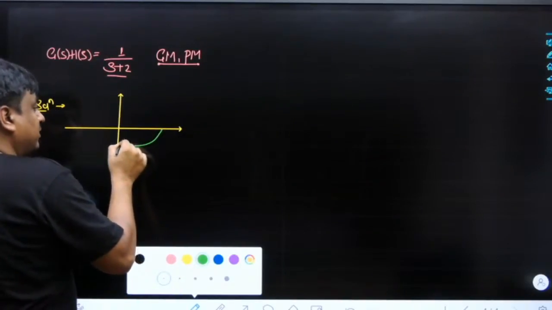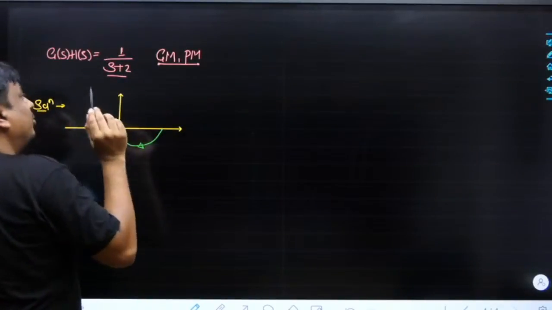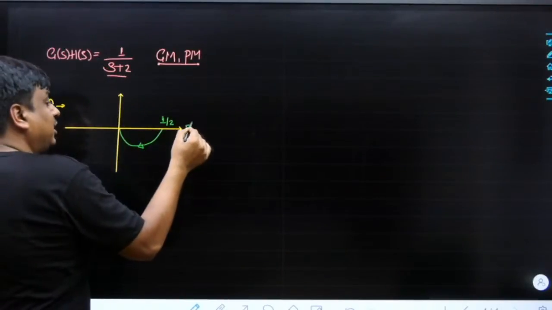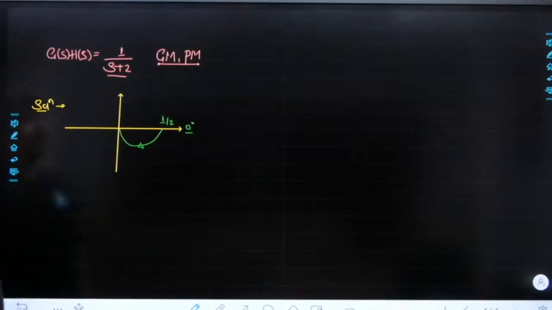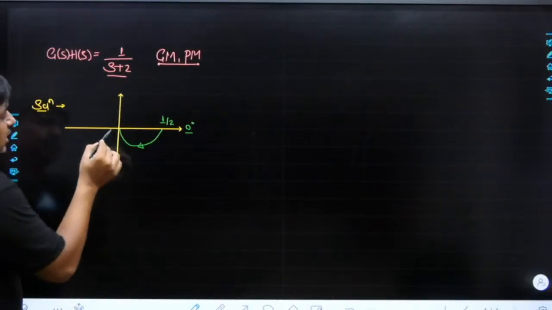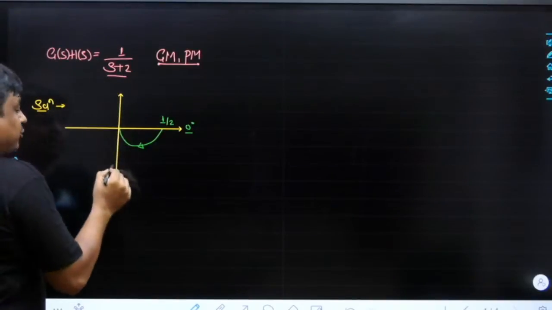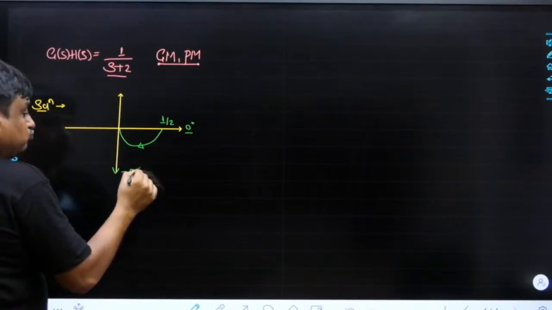At omega = 0, s is 0 and the magnitude is simply half, on the 0 degree ray. When omega reaches infinity, the magnitude becomes 0, so it merges into the origin, taking the reference of minus 90 degrees.